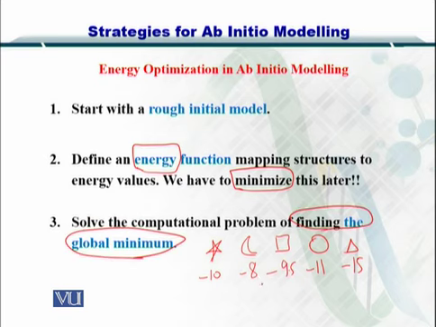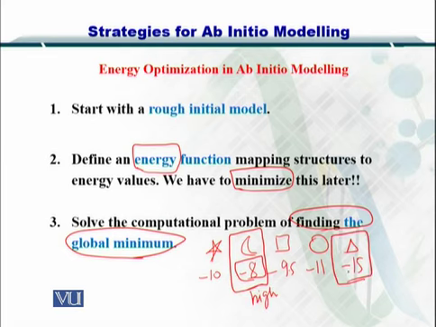So as you can see here, this structure has -8, which is high, while this structure has -15, which is the smallest. So this is the structure that is having the lowest energy. So you select this structure and then check for its biological plausibility.